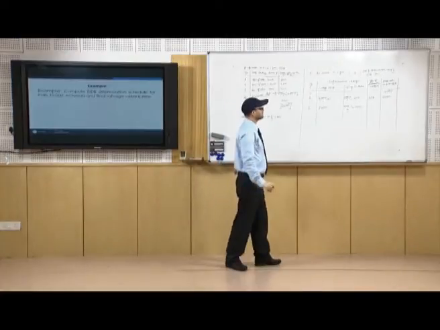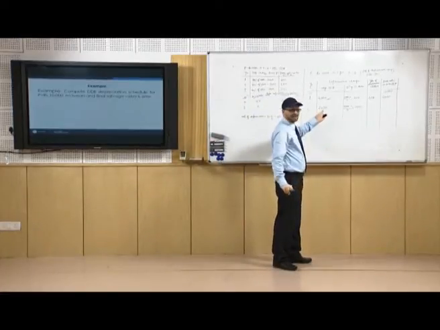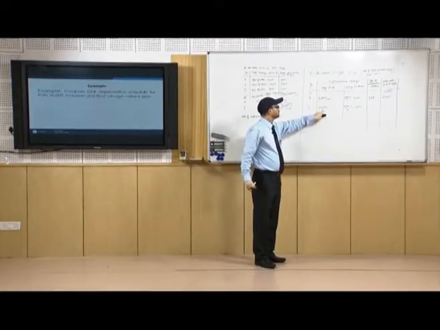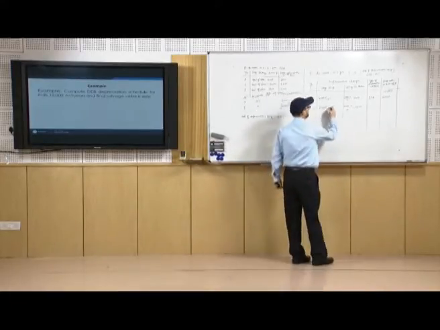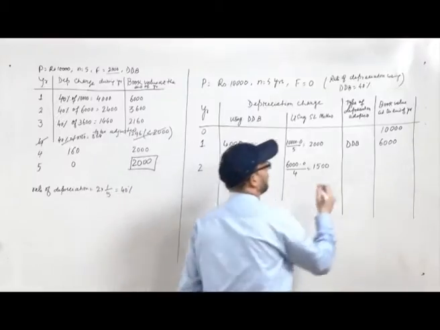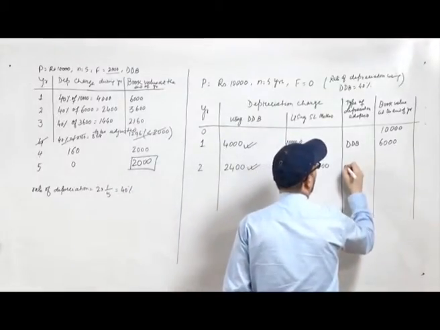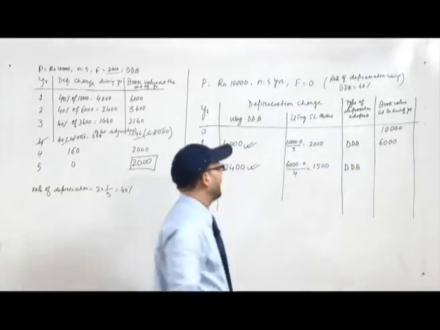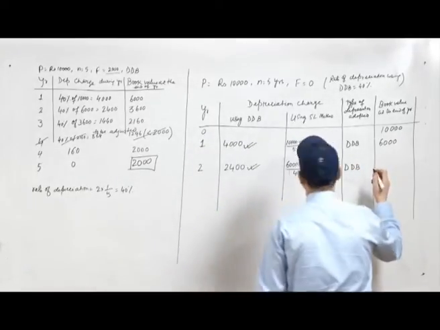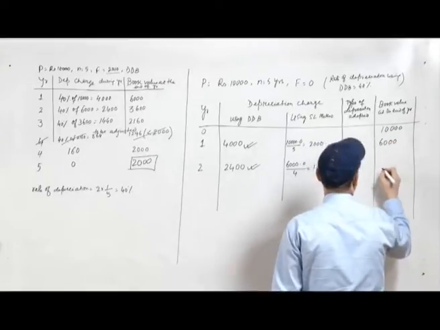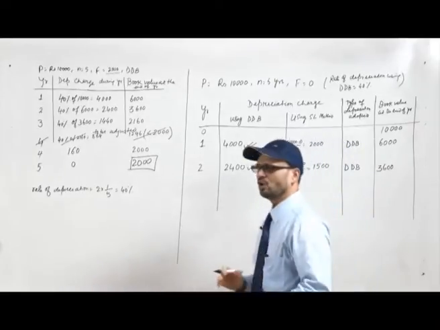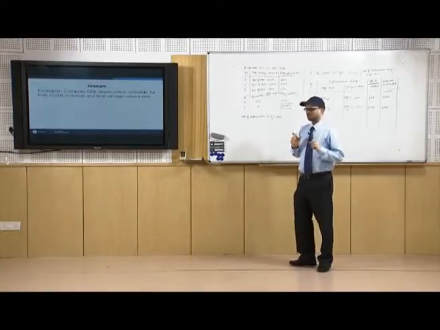What we see is that the depreciation calculated using DDB is still larger, and that is why we still go for the double declining balance method, and the book value at the end of year 2 will be 3,600. So, there is no need of switching at present.